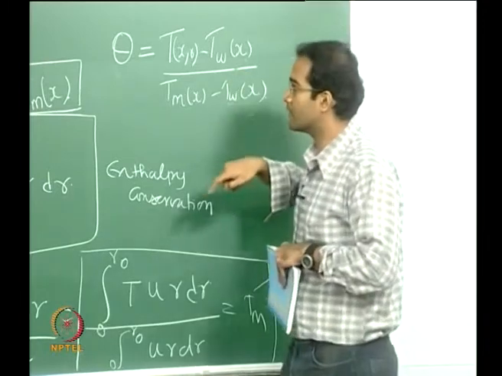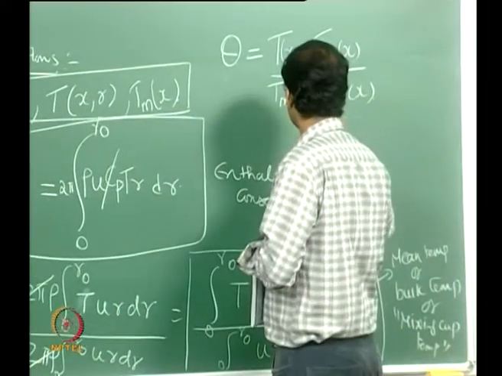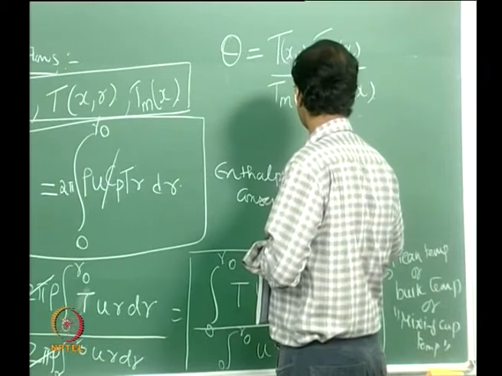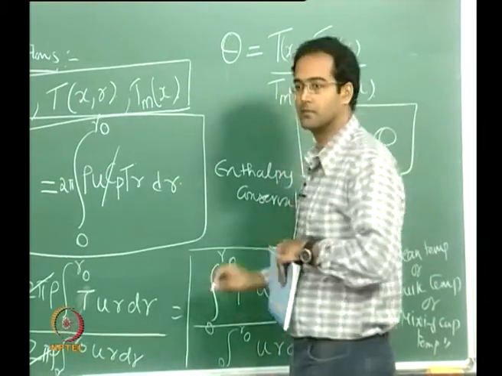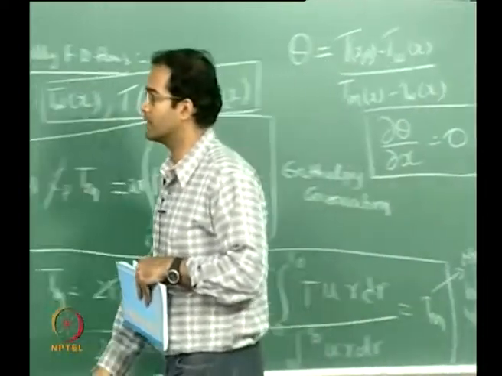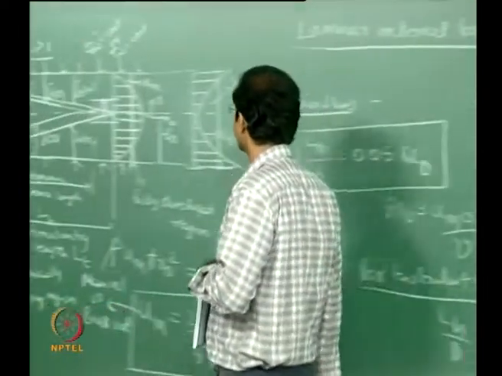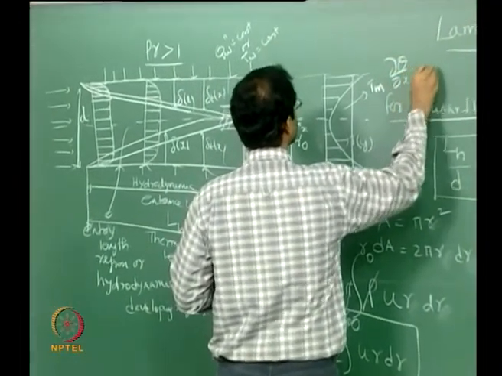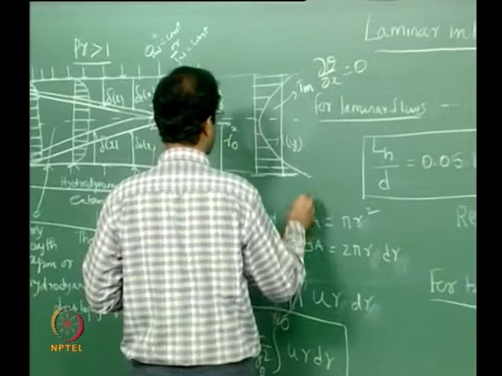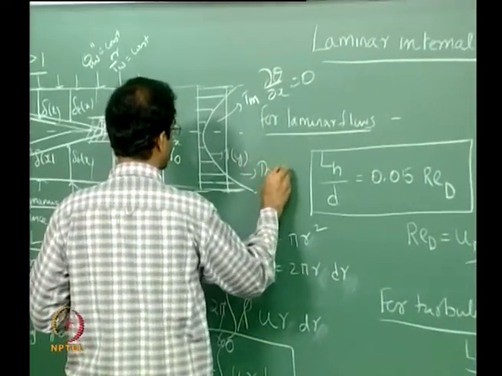So the condition for defining thermally fully developed flows will be d theta by dx should be equal to 0. Okay. So once I identify that region where my d theta by dx is equal to 0, I can call that a thermally fully developed region.